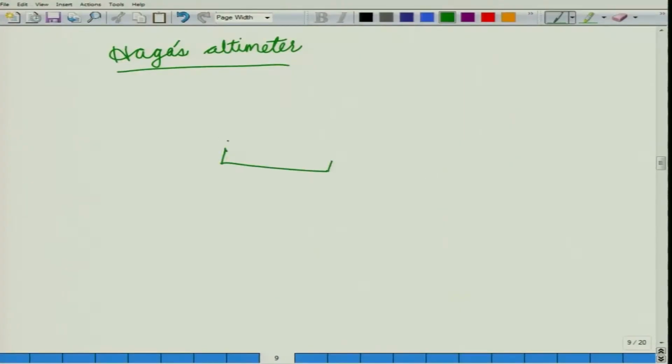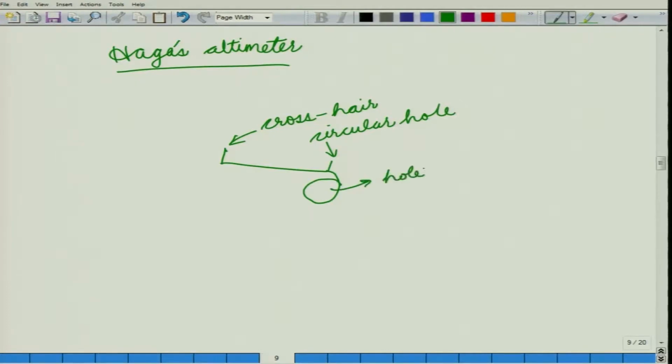Now, when we deploy this instrument, we use it like this. So, here we have a crosshair and here we have a circular hole. Then here we have a hole for thumb.